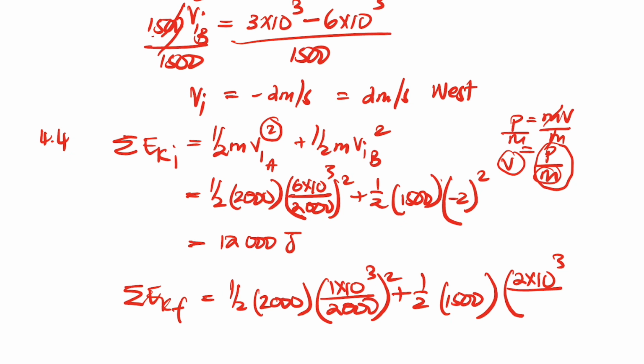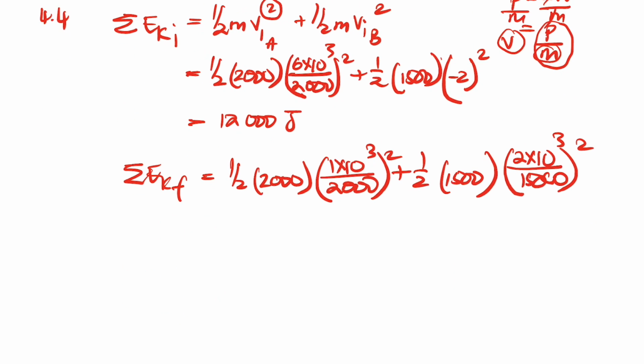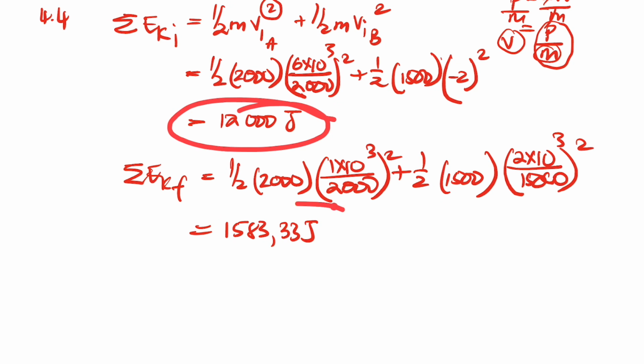That's the momentum after, and the mass is 1500, and then we square. And if you punch that in the calculator, you will get 1583.33 joules.